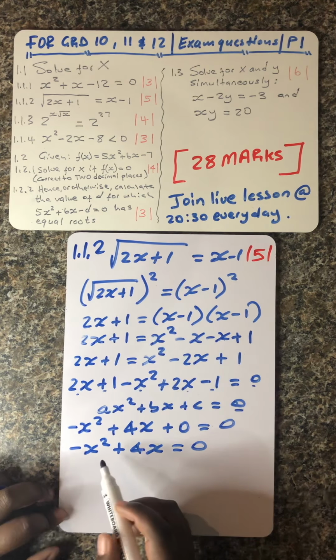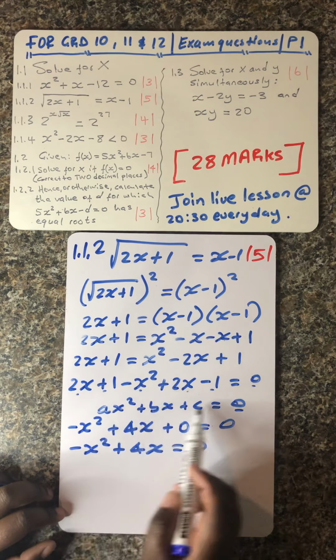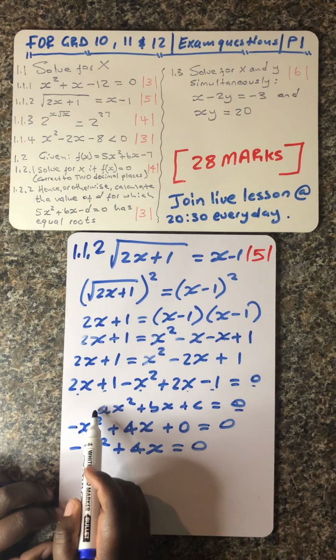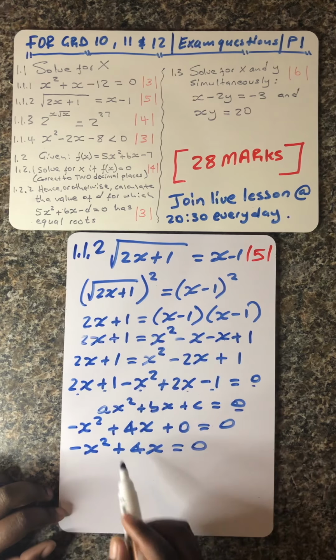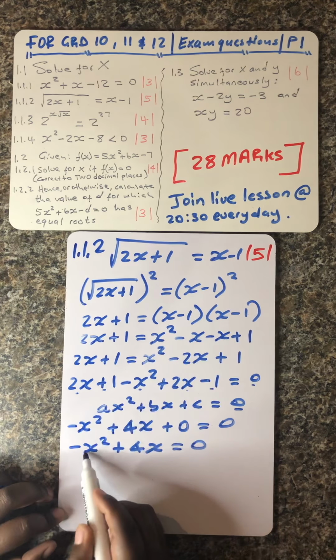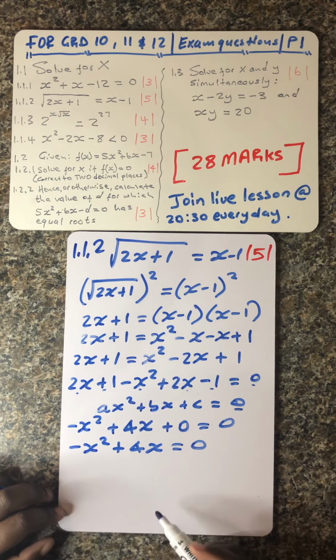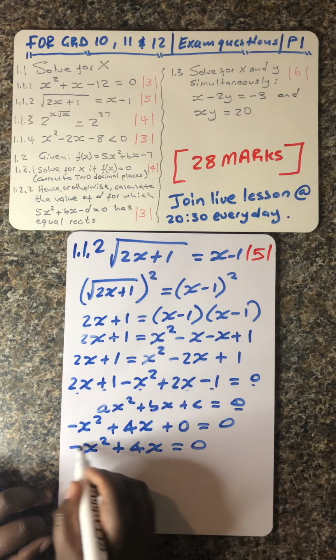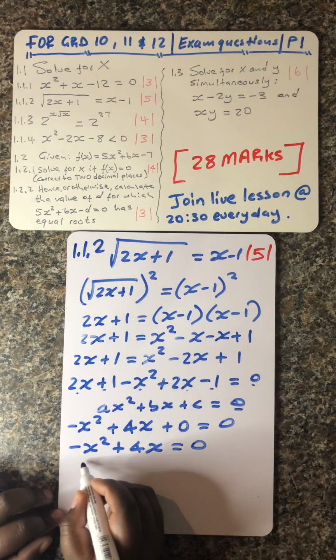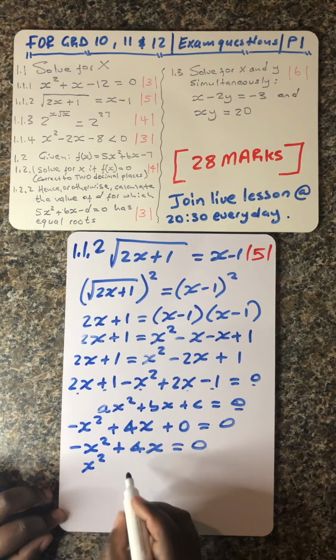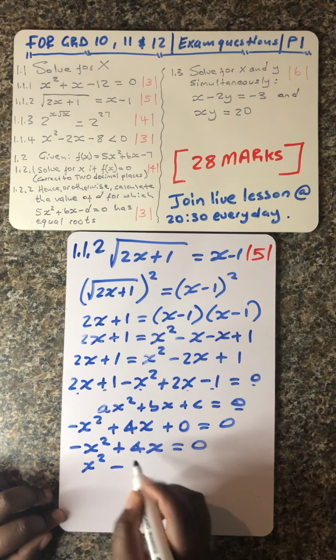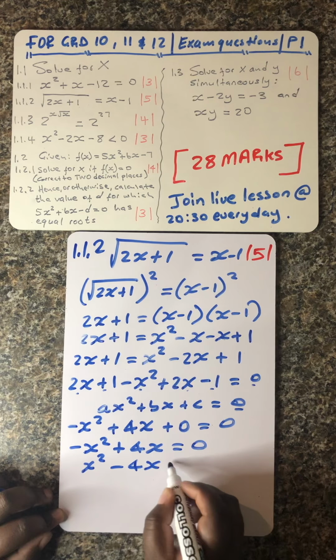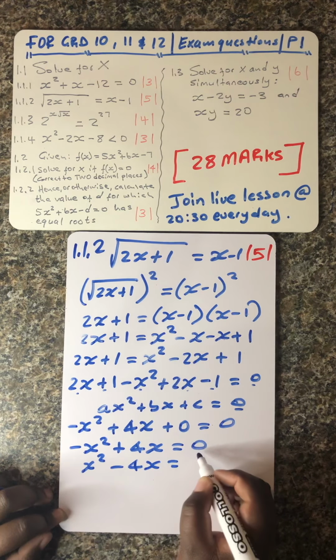Okay, so now remember guys, the standard form, can you see our a, it's positive there, so I want to have a positive a even on this equation. So I can just change every sign along that equation. So if I change, then this is positive x squared, this will change to be negative 4x, which is equal to 0.